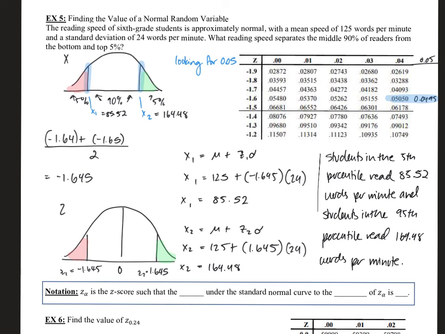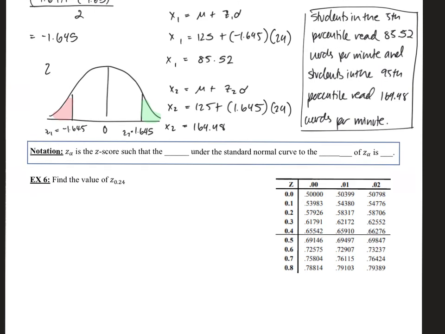And that's just one way to interpret the answer for this problem.